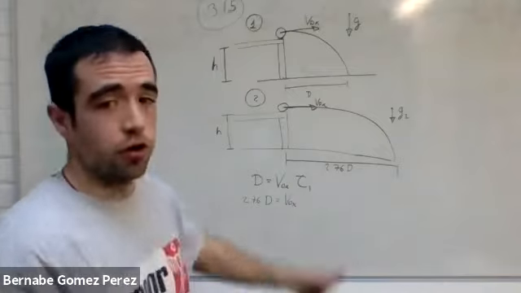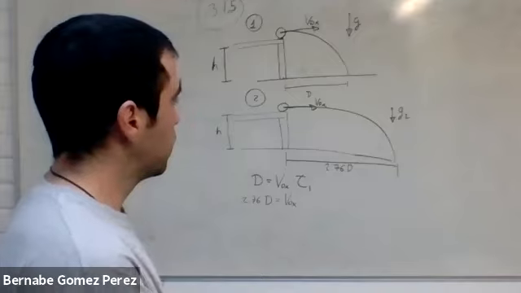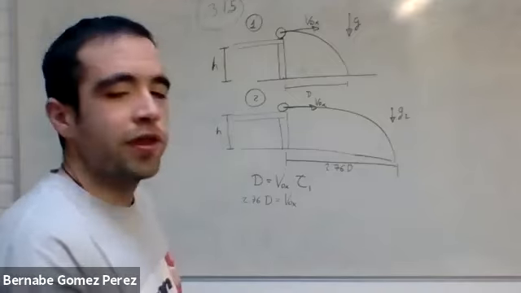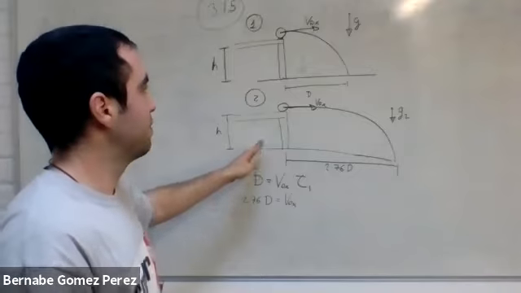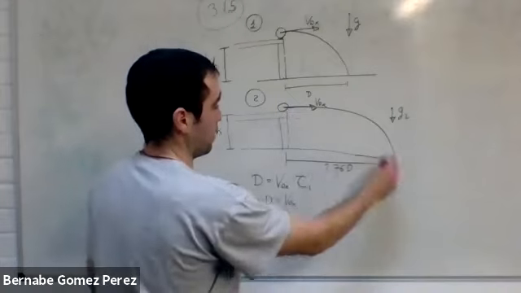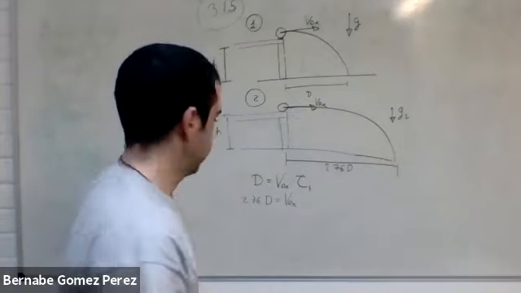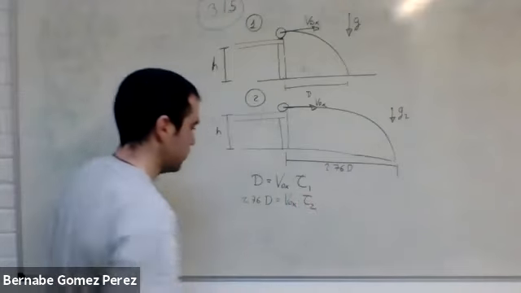We know that they are not gonna take the same, even though we don't know if the time is smaller or shorter. We know that it's not the same. They are not gonna reach the floor at the same time because they have the same speed and one is taking a longer path, okay? So we call it T2, okay?